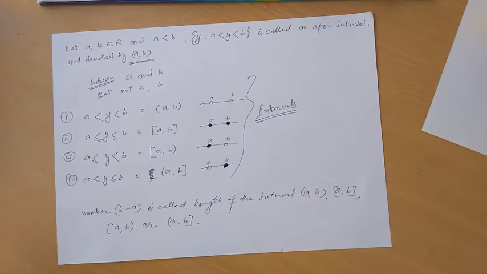So whatever may be the interval, whether open or closed, or left hand side closed and right hand side open, or left hand side open and right hand side closed, any one of the intervals, whatever the interval is, we will be able to find the length of the interval, that is b minus a.